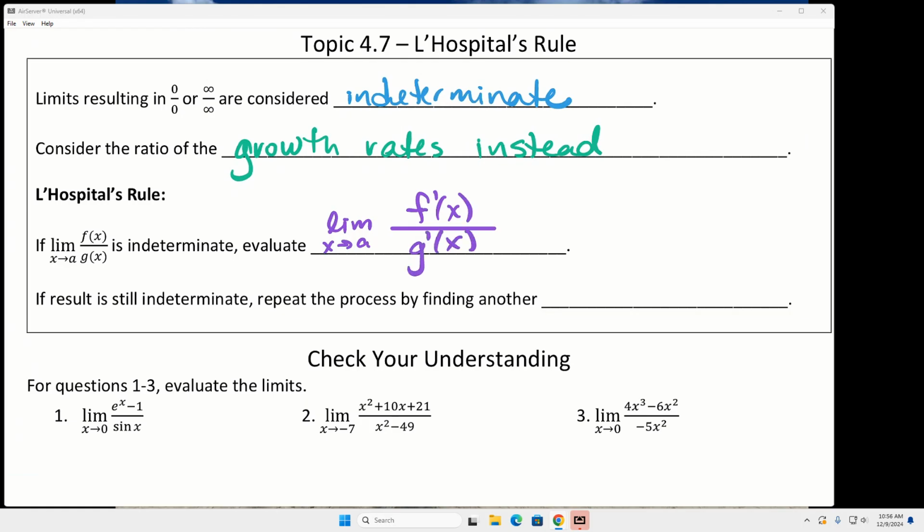So you'll just find the derivative of the numerator and denominator and then plug that in. Sometimes it gives you indeterminate form again, and it's fine. Then you can just find the derivative again, so you can repeat the process as many times as you need to. So if the result is still indeterminate, repeat the process to find another derivative.